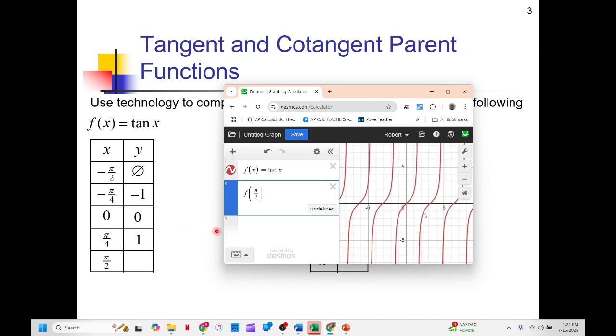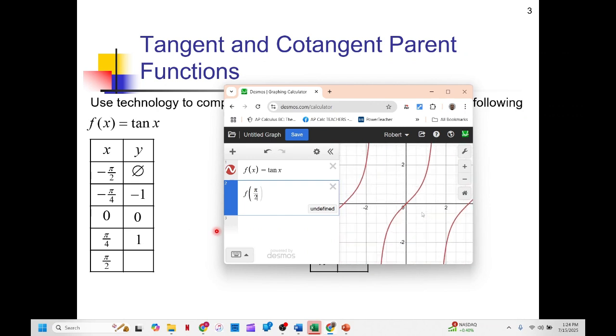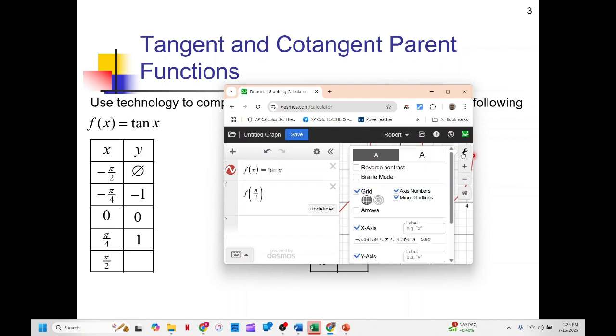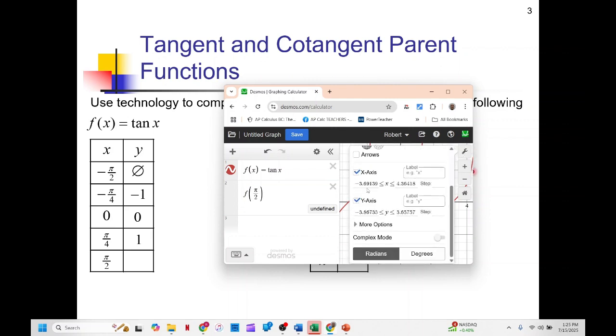Now, if we zoom in a little bit here, and just to make this a little bit easier to look at, let me actually change my x-axis values. Let's go from, say, negative 2 pi to positive 2 pi.